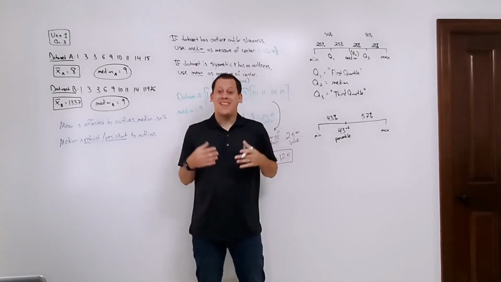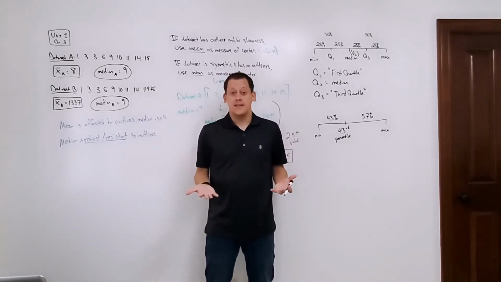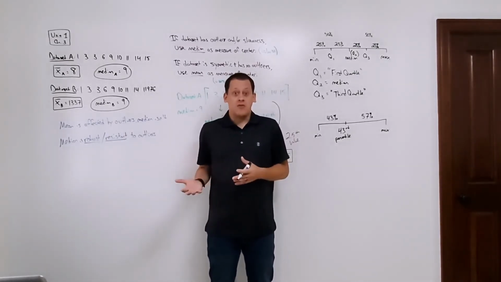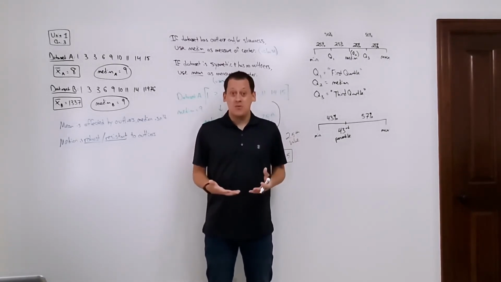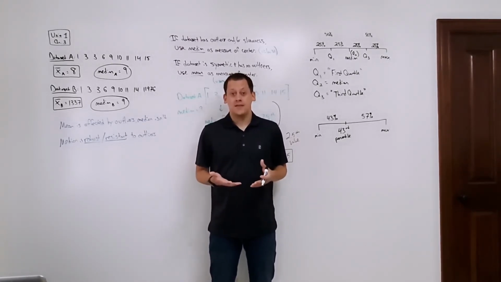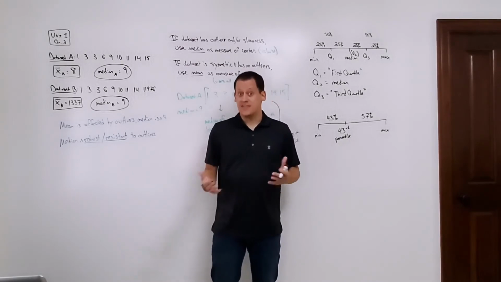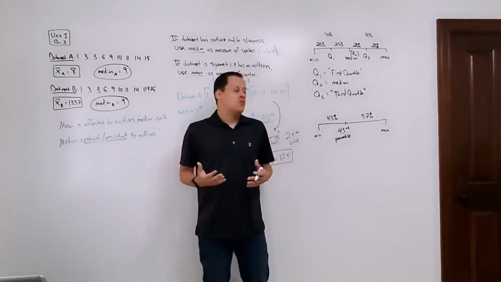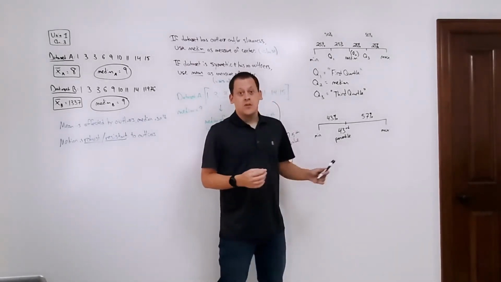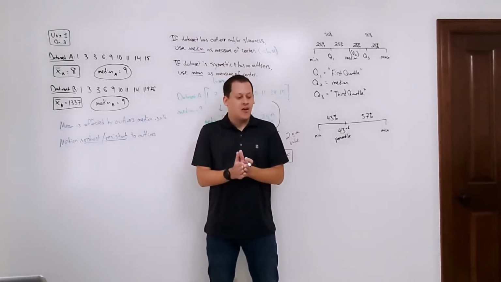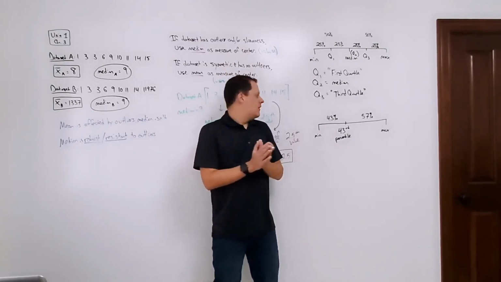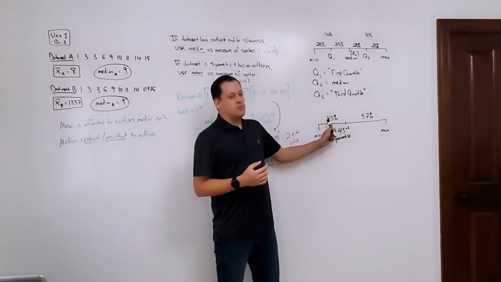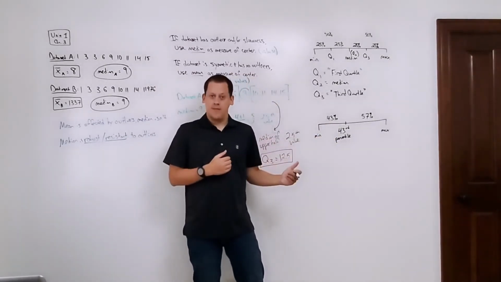So if you scored in the 90th percentile on the SAT, it means you did better than or the same as 90% of students on that test. Only 10% of students did better than you. So it's a great way, percentiles, to show you what value is the point where such a percent is less than that or greater than that.